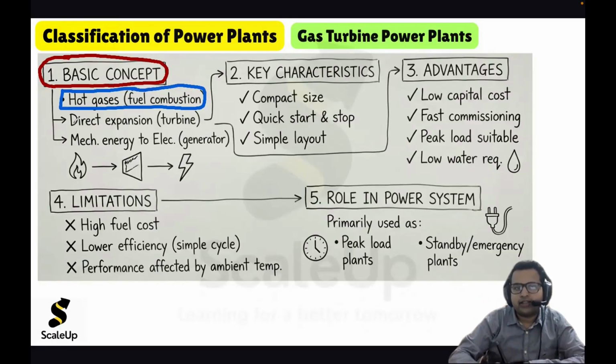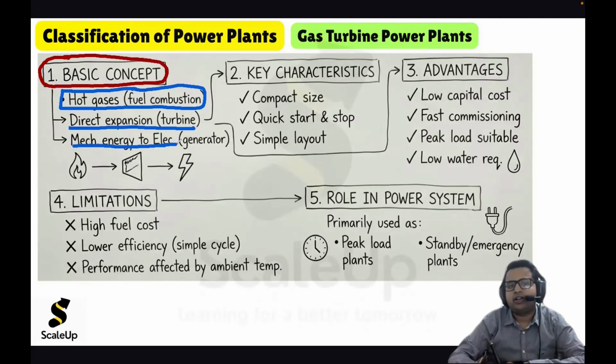These hot gases will expand in a chamber containing a turbine, and the turbine will rotate, and the mechanical energy of that rotation is converted into electrical energy. So this is how the gas turbine power plant works, wherein burning of fossil fuel generates hot gases.